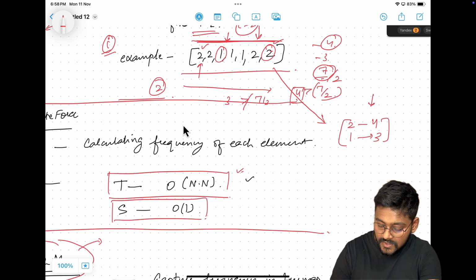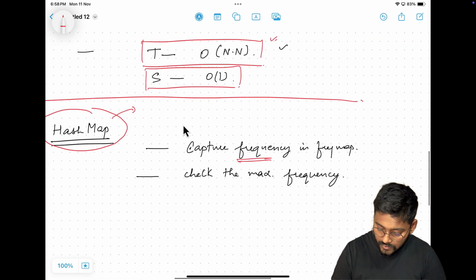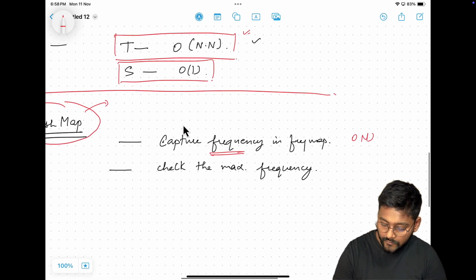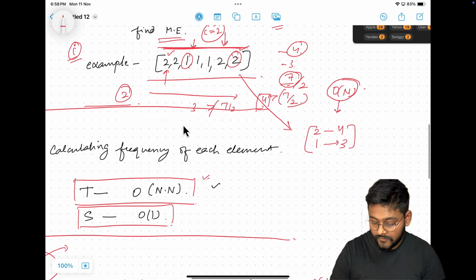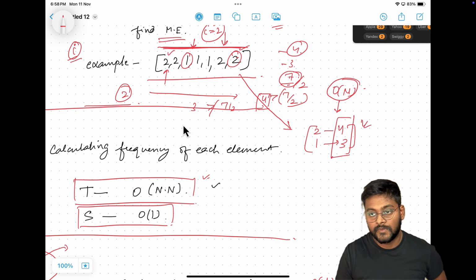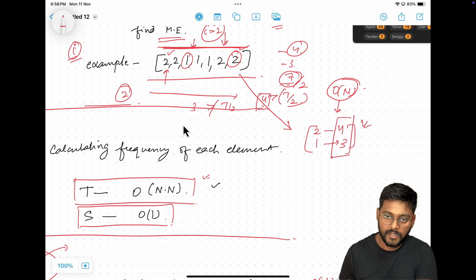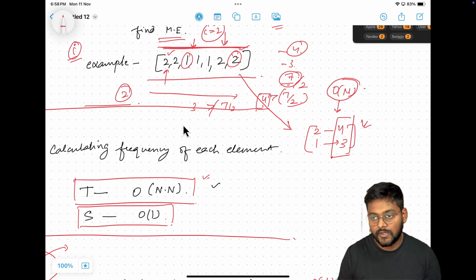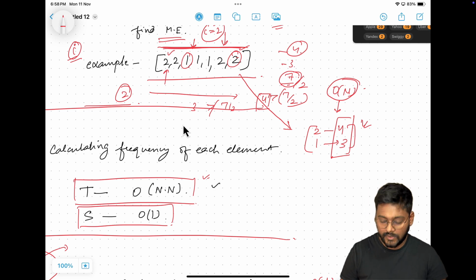And to capture the frequency, we just have to iterate the array only once. So capturing frequency can be done in the order of n time. And from the captured frequency, we will just keep track of the maximum frequency. That we can do in a separate order of n loop, or while capturing the frequency, we can keep track of the maximum frequency captured so far, because that is going to be our candidate.